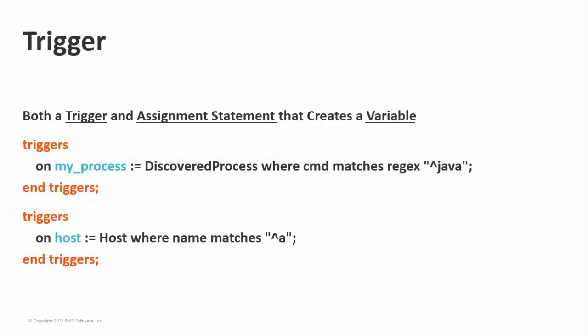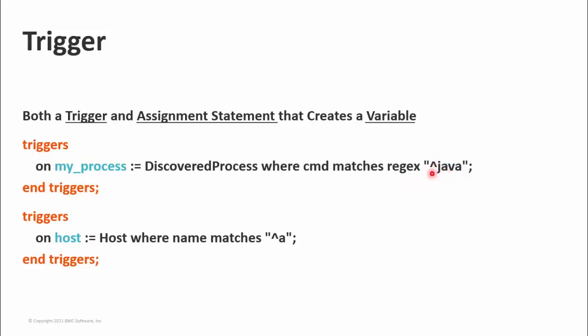Trigger statements are typically an assignment statement and a trigger statement combined. So the assignment statement creates a variable to point to the thing that was triggered on. In this example here, we have triggers on my process equal. So this is the assignment statement part of it, and it's triggering on a discovered process node where the command matches a regular expression.